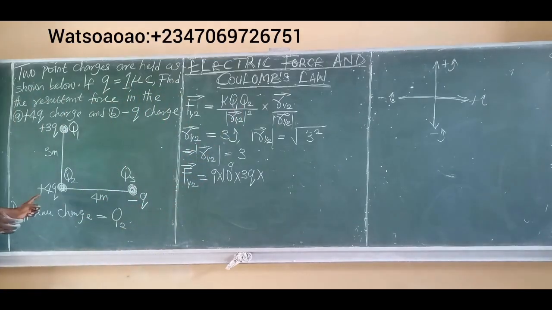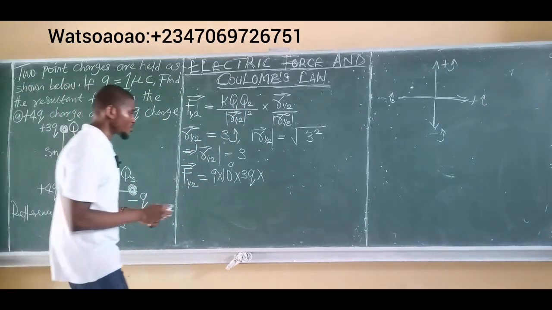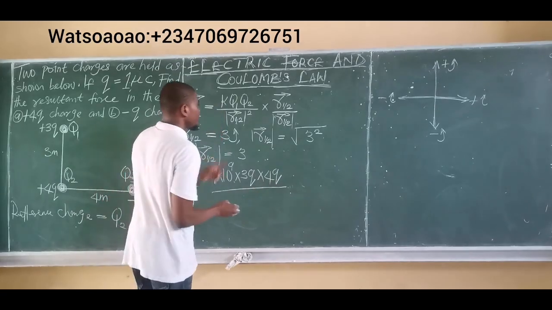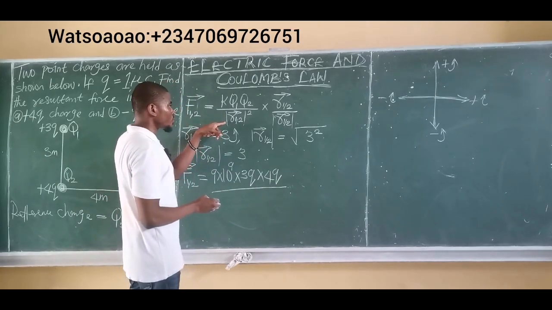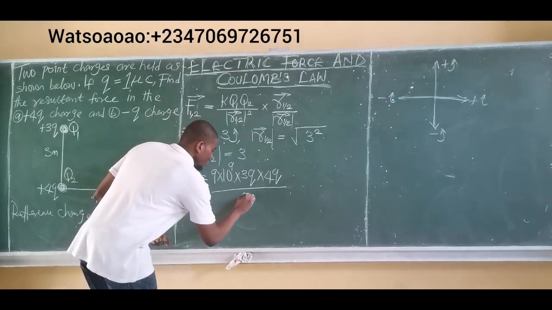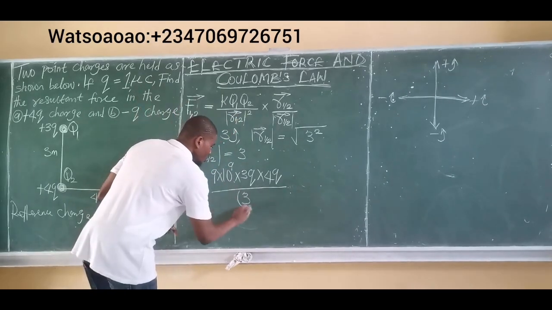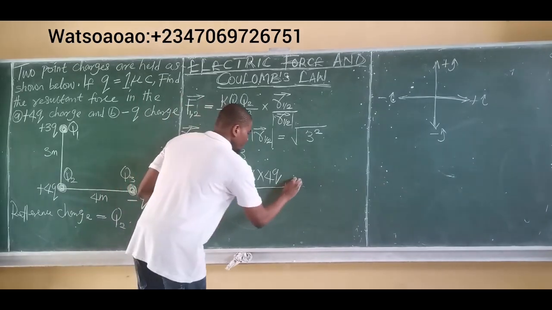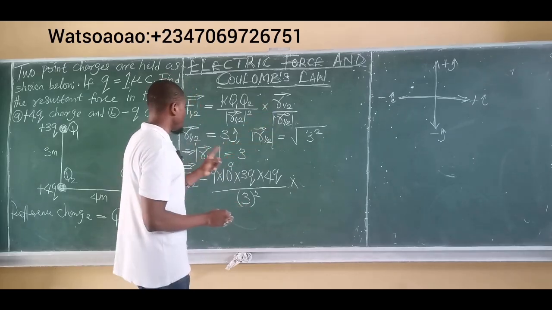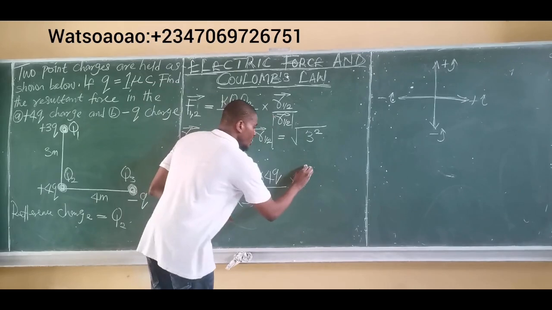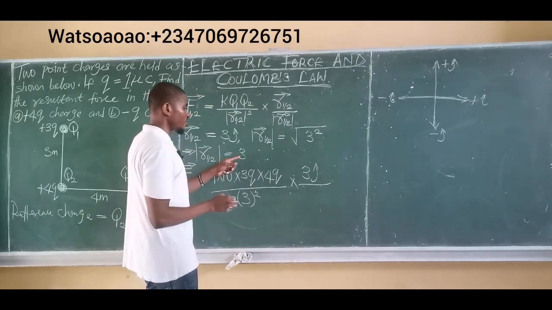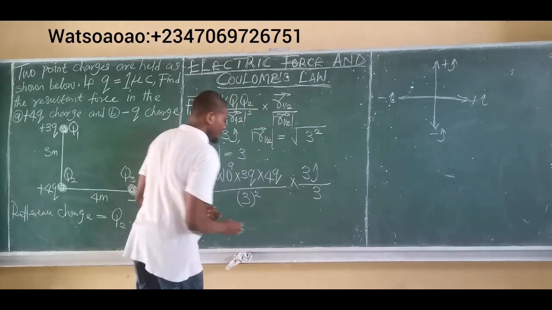Q2 happens to be my reference charge, which is plus 4Q, all over the magnitude of the position vector. And the magnitude here gives us 3, so you have 3 squared. Multiply this by the unit vector: position vector divided by the magnitude. The position vector is 3j, all over the magnitude, which is 3.